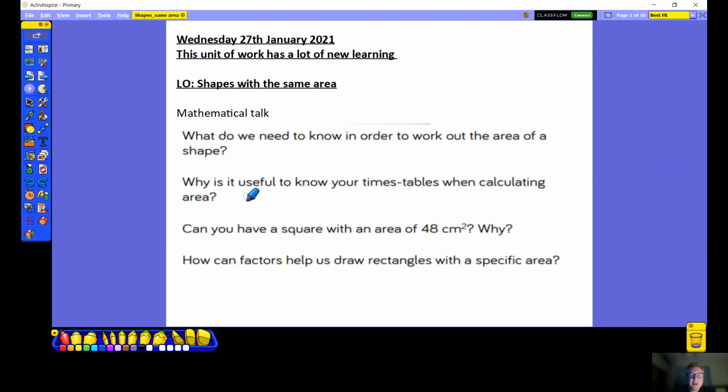Why is it useful to know your times tables when calculating area? Can you have a square with an area of 48 centimeters squared? Why? How can factors help us draw rectangles with a specific area? Pause the video, work through each of these questions, writing down your knowledge, your thoughts, ideas.